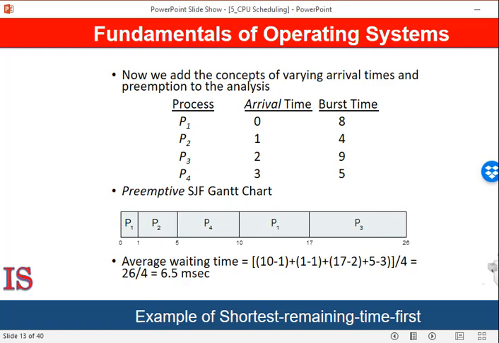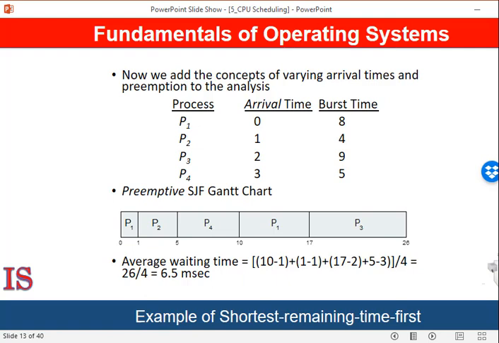The remaining time for process 1, 7 milliseconds, is larger than the time needed by process 2, 4 milliseconds. So process 1 is preempted and process 2 is scheduled. The average waiting time for this example would be 6.5 milliseconds. Non-preemptive shortest job first scheduling would result in an average waiting time of 7.75 milliseconds.